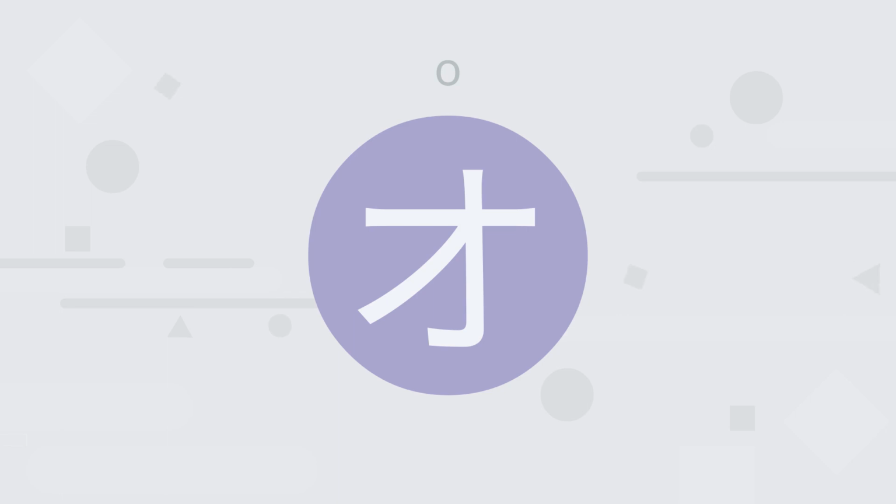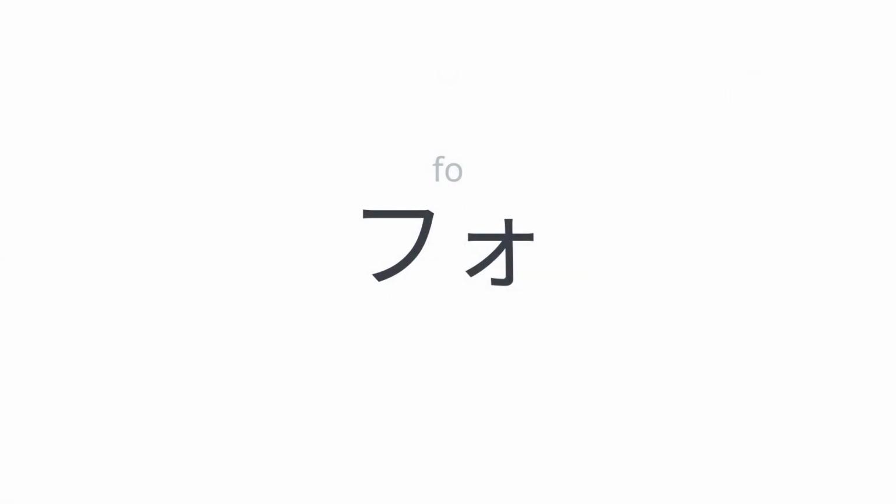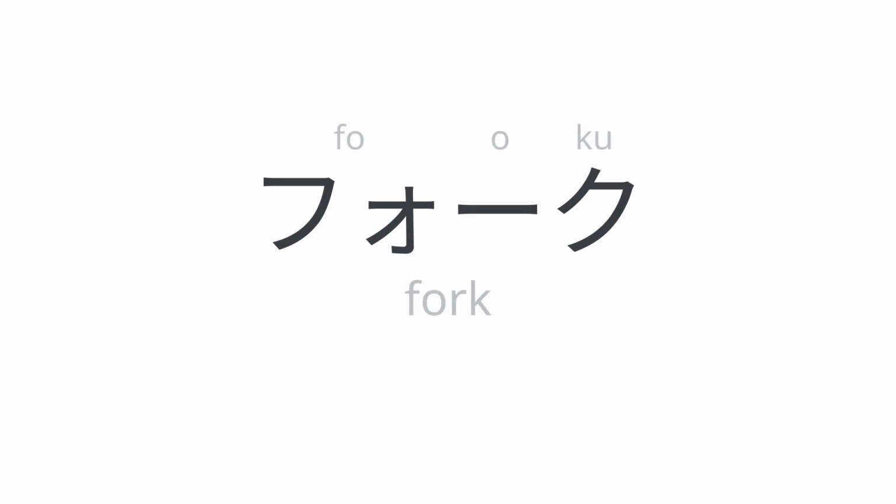A common combination that uses a small o is fo. You may see a small o after u to represent the English W sound.